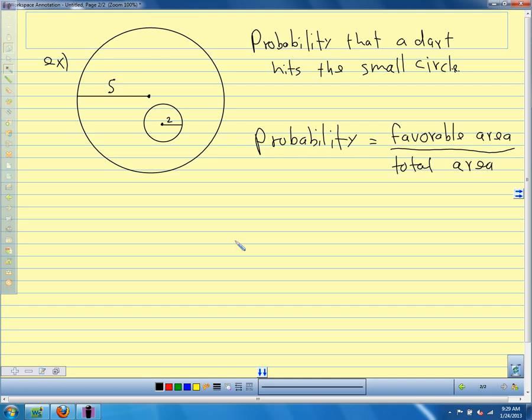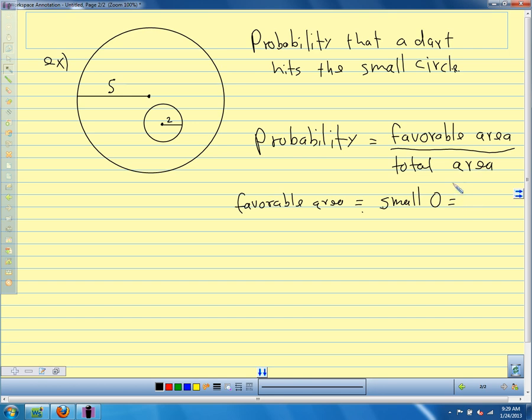what is our favorable area? What are we trying to hit? We're trying to hit the little circle. So the favorable area equals, how do we find the area of that small circle?